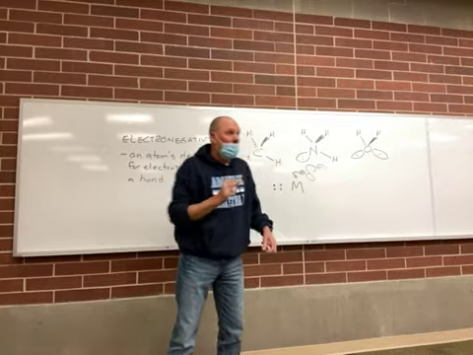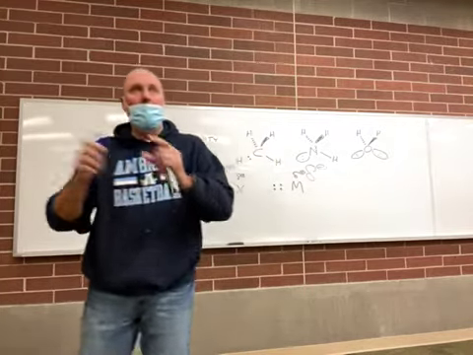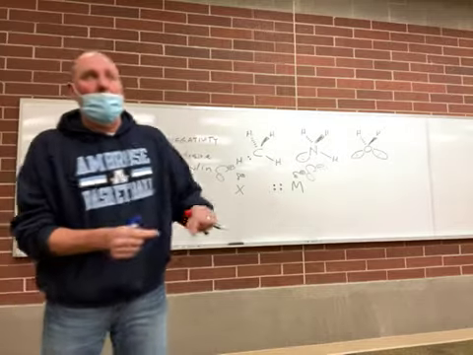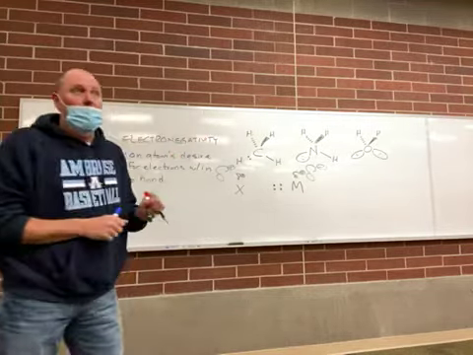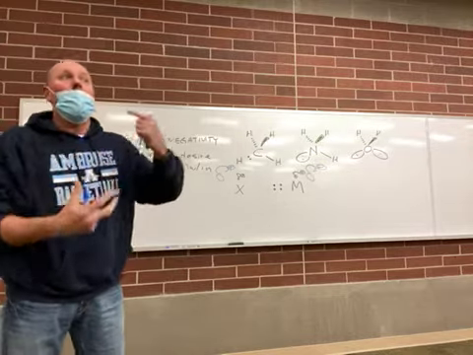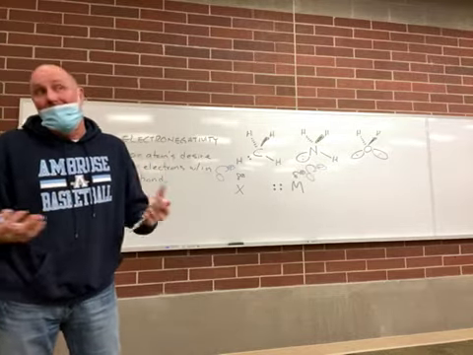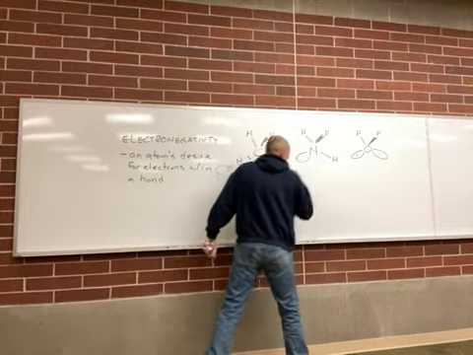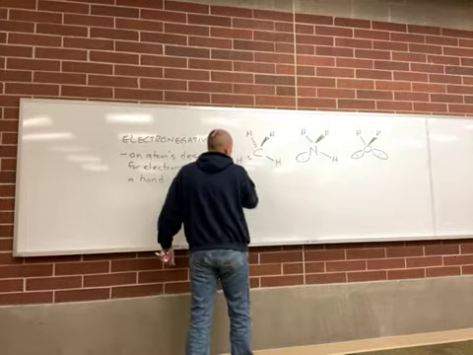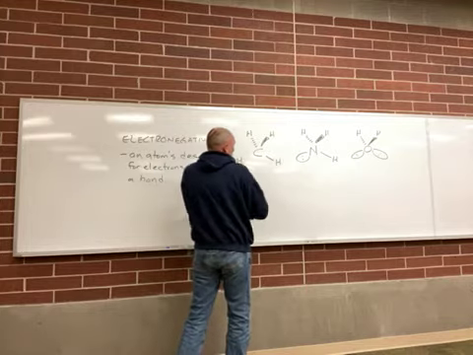Okay, so now let's do our little exercise so we can actually use this and begin to look at methane, ammonia, and water and see if we can understand why they have the physical properties they have. Because here's a question you need to ask yourself. These molecules look very similar.